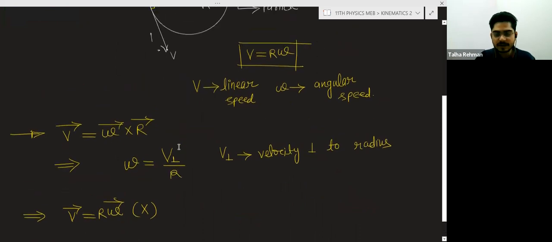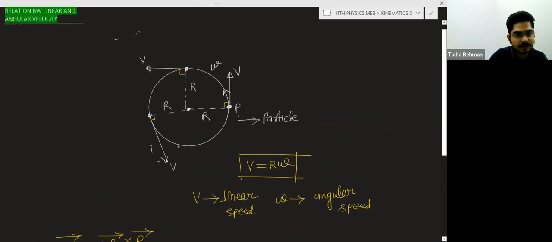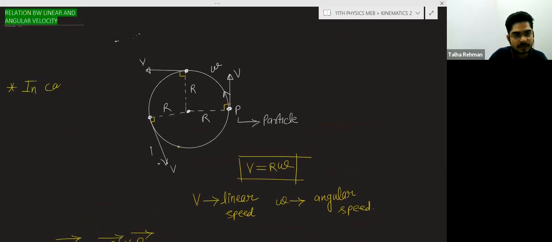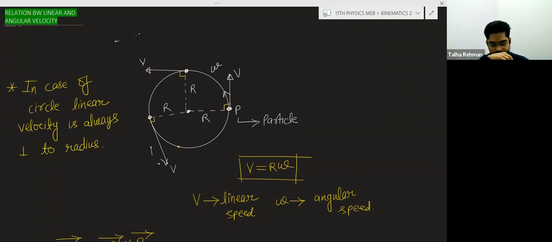So in case of a circle, the linear velocity is always perpendicular to the radius of the circular path. So this is only true for circular motion.